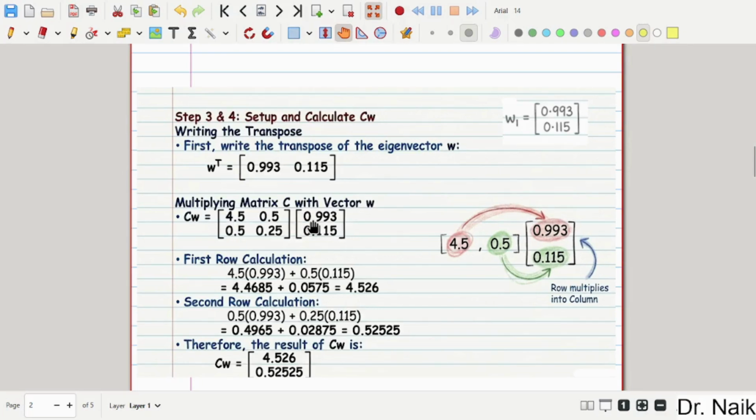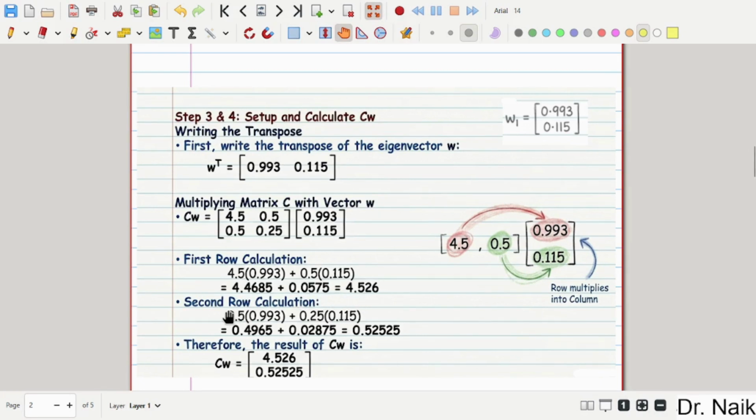So calculate the first row. 4.5 multiplied by 0.993 is equal to 4.4685, plus 0.5 times 0.115, which is equal to 0.0575. Add these terms and we get 4.526.